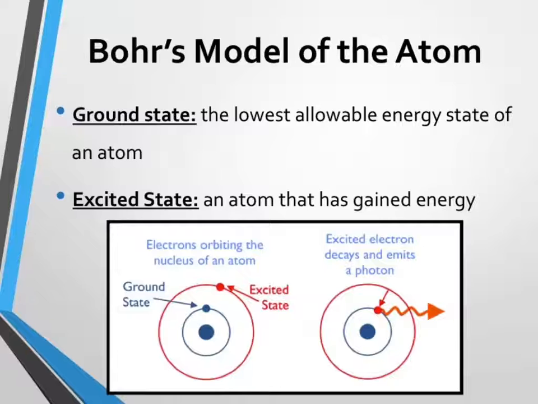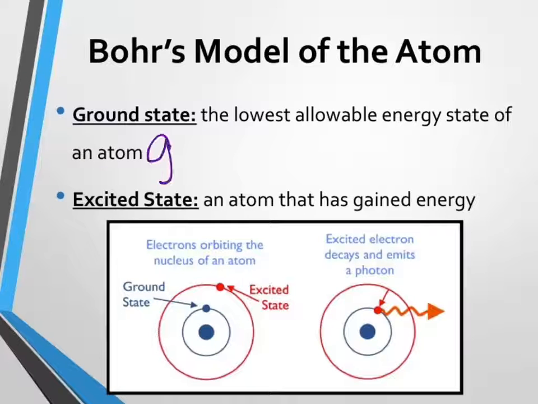So the ground state is the lowest energy state, and it's closest to the nucleus. For an atom to move from ground state to an excited state, so when it goes from lowest energy to higher energy, it has to gain energy.